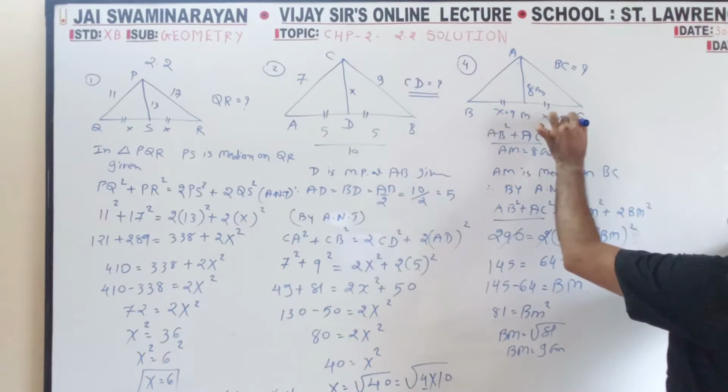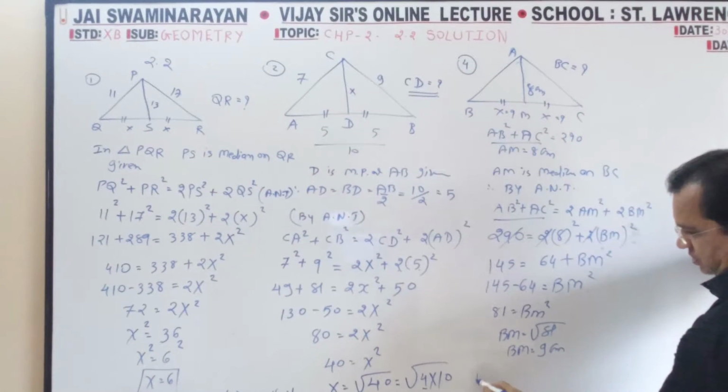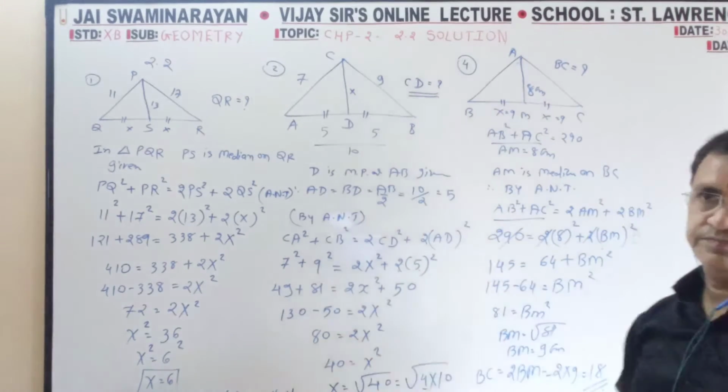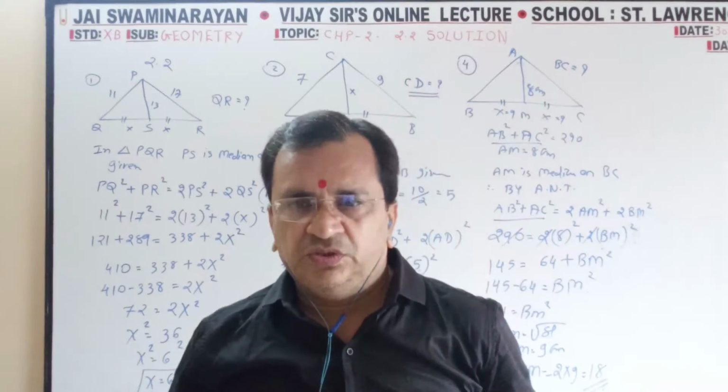This is 9, this is 9, so total is 18. So BC is equal to 2 of BM, 2 into 9.